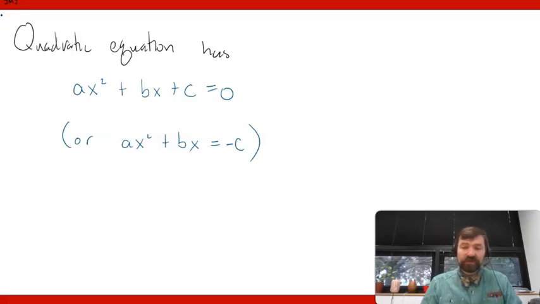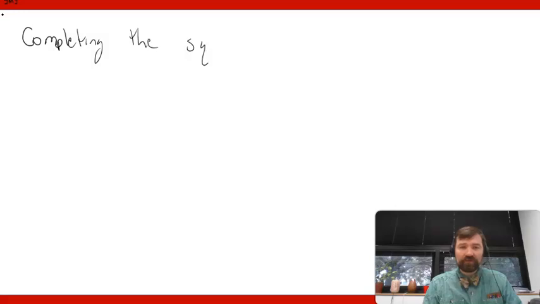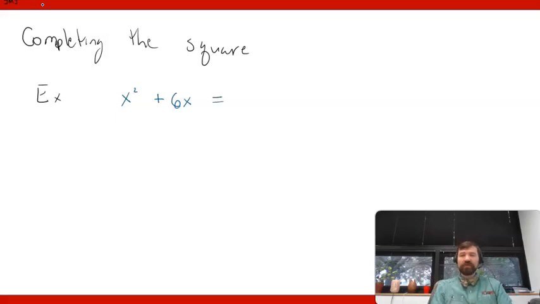Okay. So how do you go about solving this equation? One way of doing it is what's called completing the square. So let's say that I have an equation of the form x squared plus, let's say, 6x is equal to, say, 15.